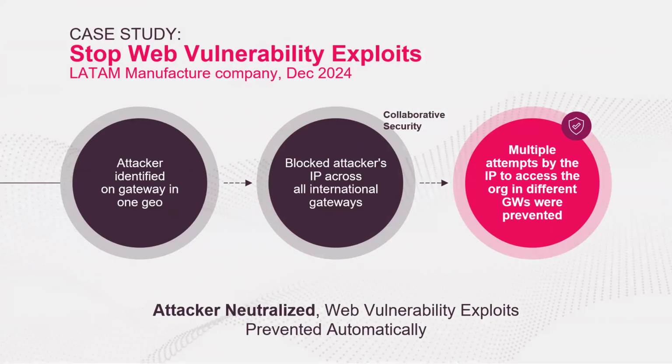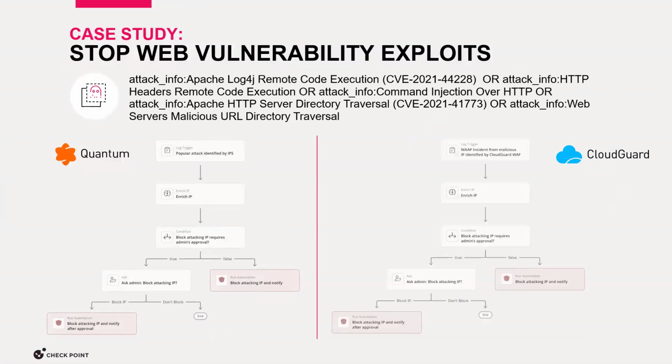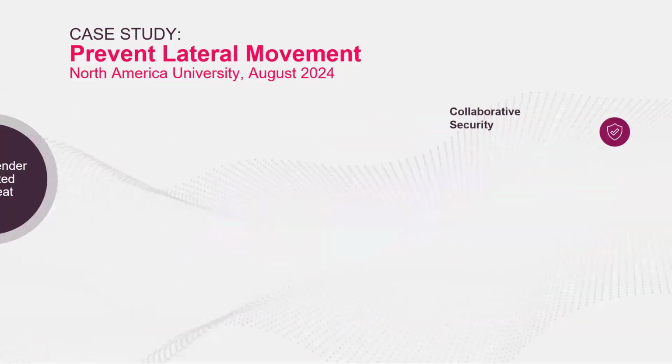So there were things that happened. How were these things used? Here's an example of one that happened at a customer who's already been using it. Here's an example of what could happen with Log4j, and also an HTTPS server directory traversal attack. We'll get by that.